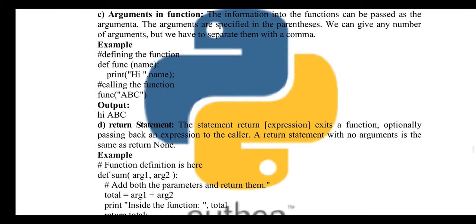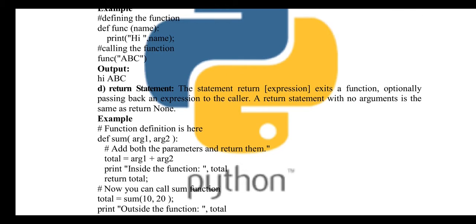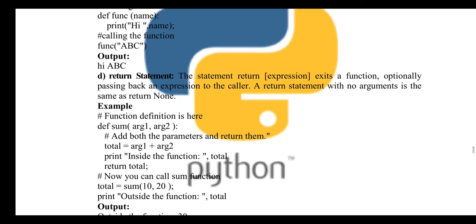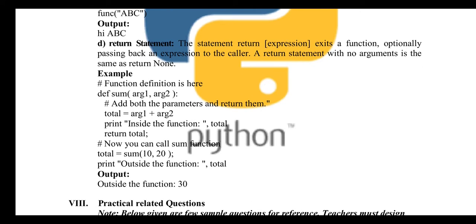When I'm calling the function, I'm passing abc, so it is passed to that function, and the argument collects the value, and after that it's going to process it and deliver an output, that is hi abc. Next we need to understand how a return statement works.